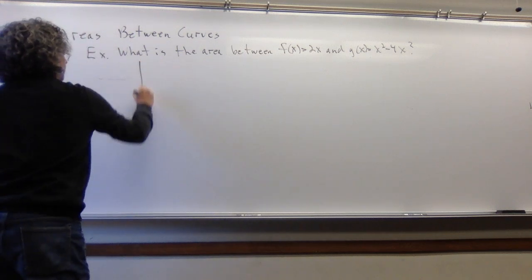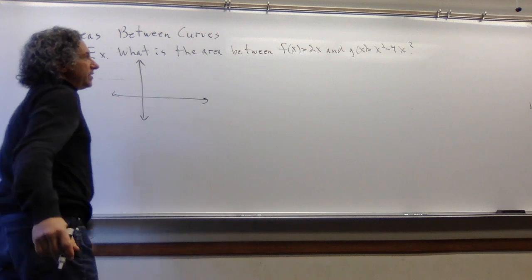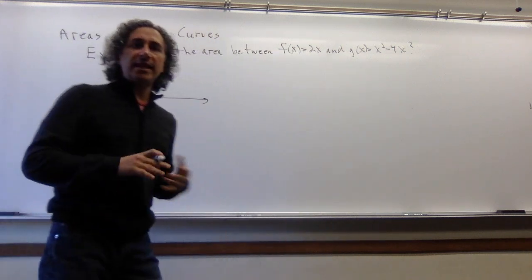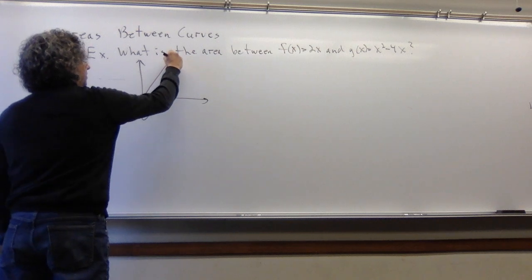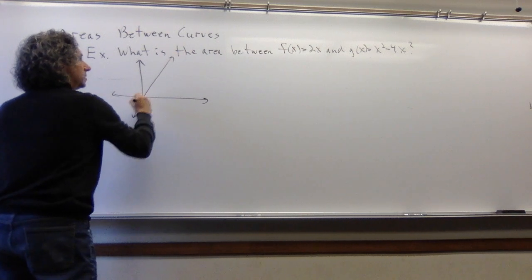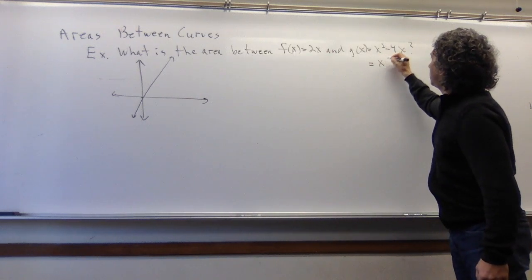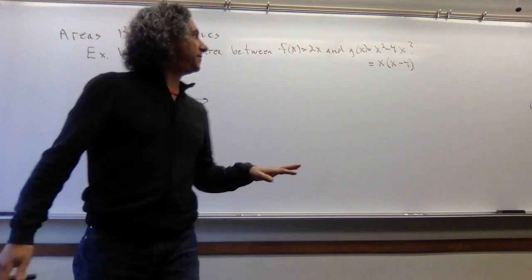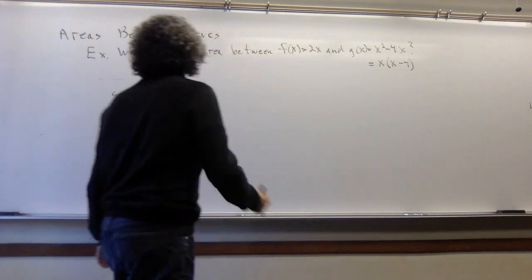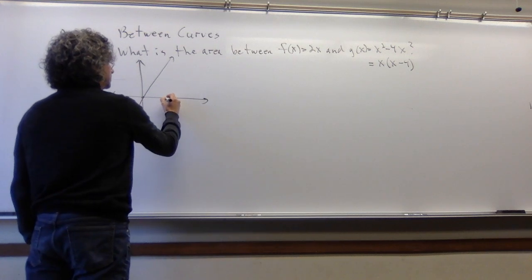So let's take a look at the graph. I know that f of x equals 2x is just a line that goes through the origin. It's got a slope of 2, so maybe it looks something like that. And this guy is just a quadratic function. If I factor it, then I could see that this guy will cross the x-axis at x equals 0 and x equals 4.